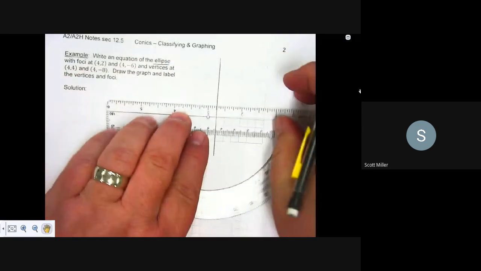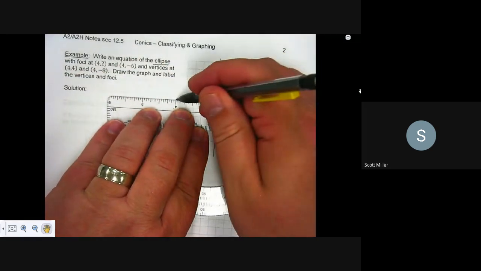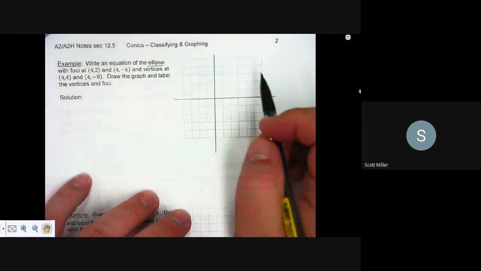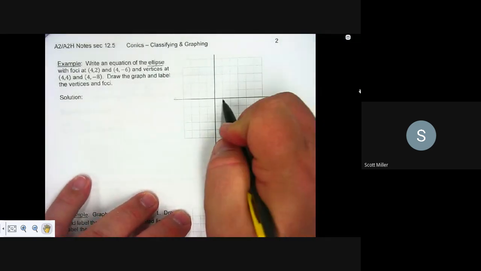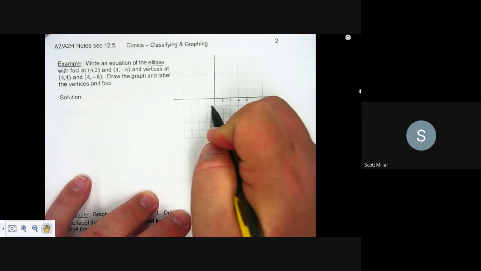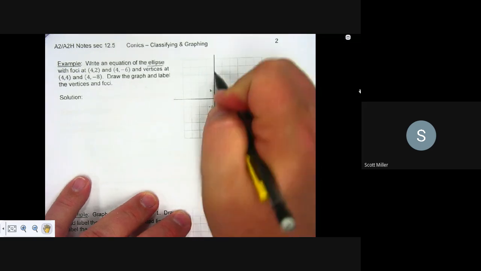And you can see from our values that I don't have enough room to go by ones, so I'm going to have to go by 2s on my scale. So this would be 2, 4, 6, and 8 that way. -2, -4, -6, -8, and so forth.